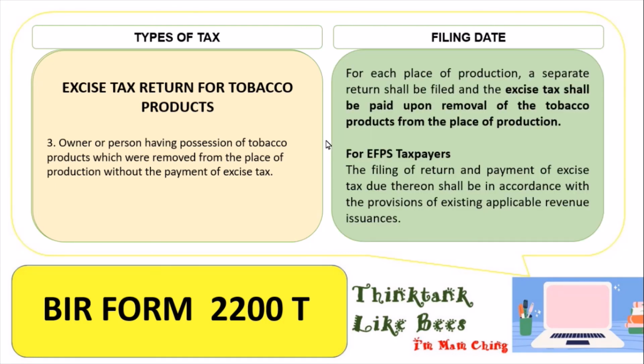So for each place of production, a separate return shall be filed and the excise tax shall be paid upon removal of the tobacco products from the place of production.